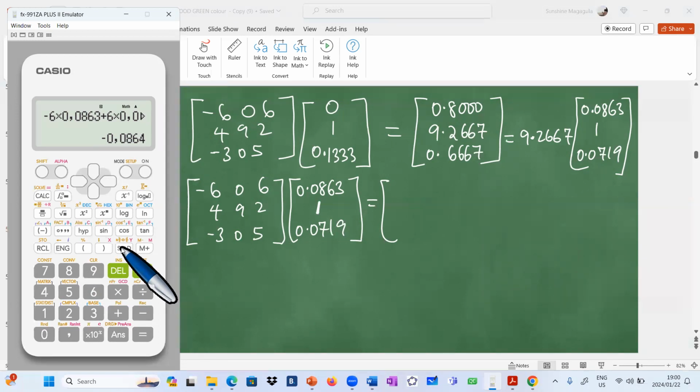Okay, obviously to 4 decimals, it's the minus 0.0864. And then now you multiply this with that.